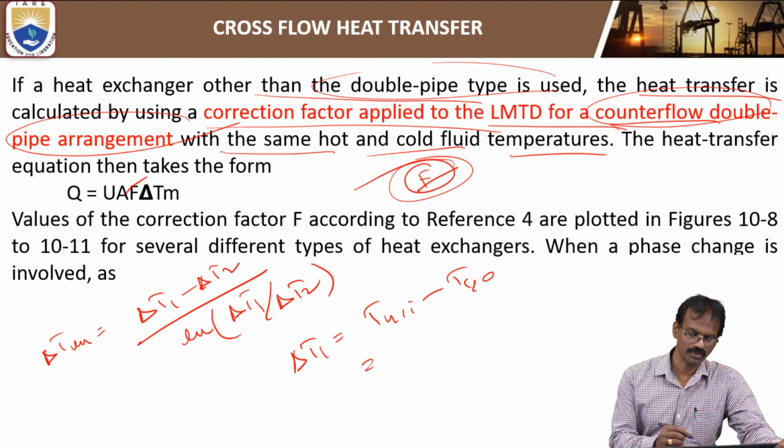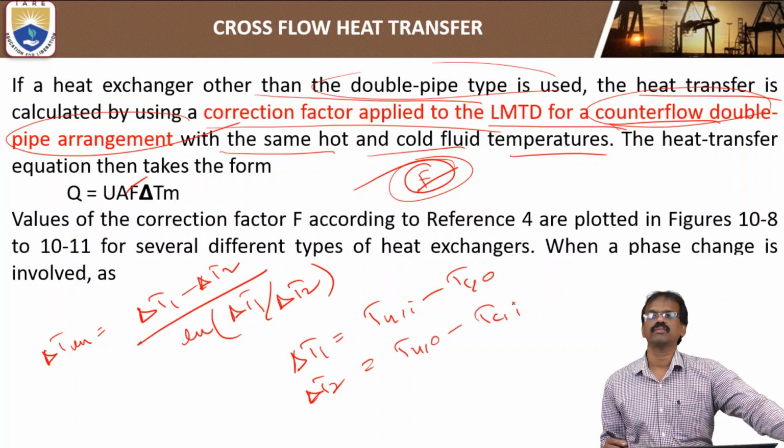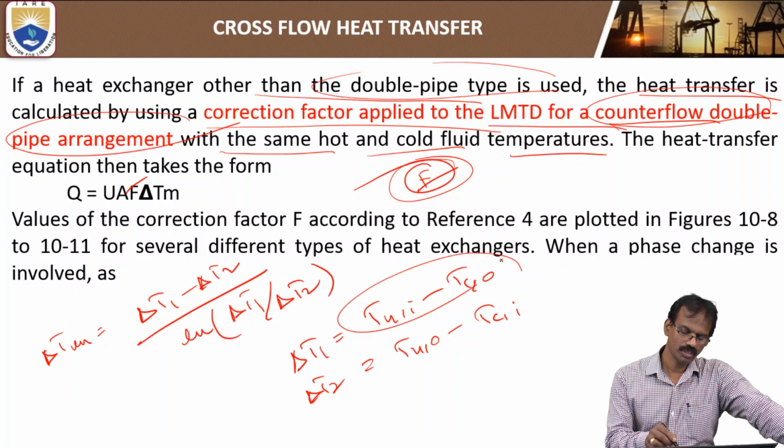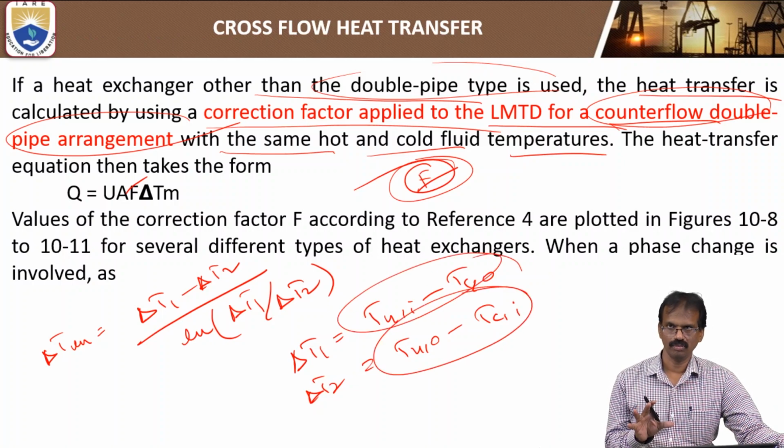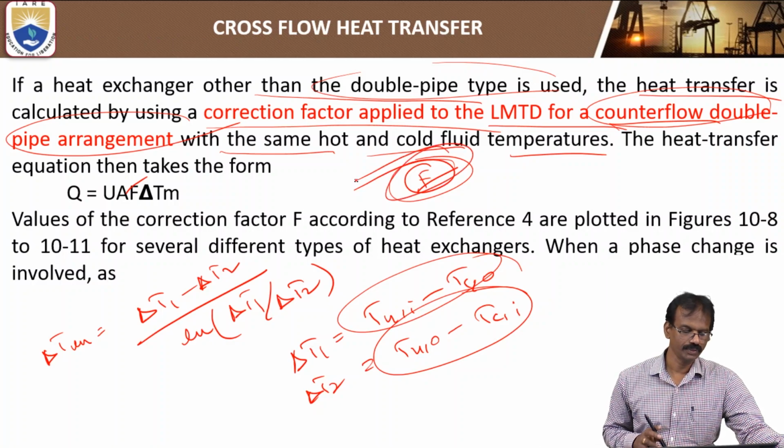So same formulas. Delta T2 is equal to hot fluid outlet minus cold fluid inlet. So same formulas, same setup, same arrangement what was taken in counter flow exchanger. Here also we'll take this one. So along with that one you have to add the correction factor F.